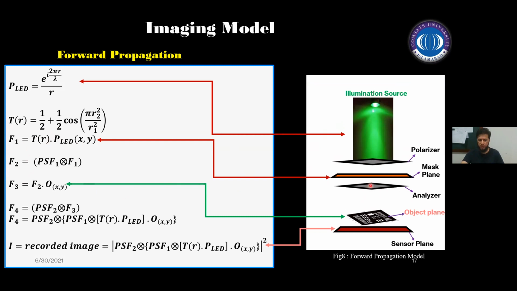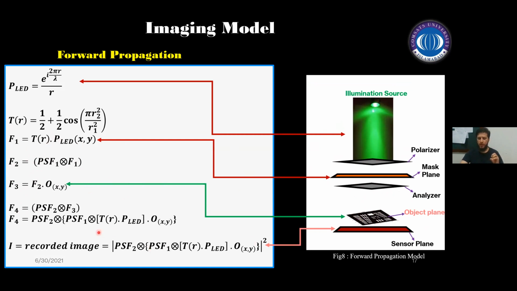F2 is the convolution of the F1 field and PSF1, point spread function 1, and F3 is the plane over the object where the F2 field and the object combine.